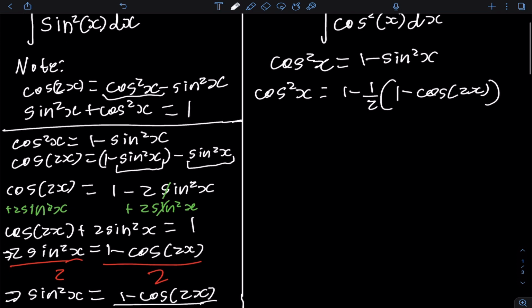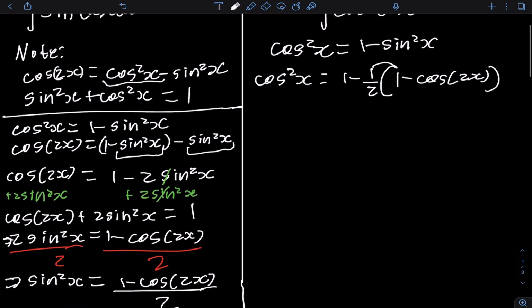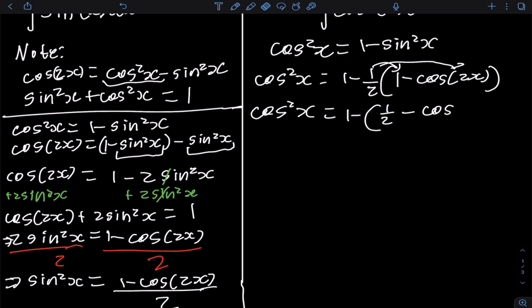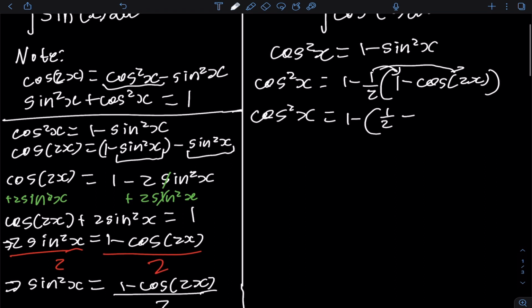So what we can see here is we can distribute this 1/2 to each term, and we see that cosine squared x is equal to 1 minus 1/2, because 1/2 times 1 is 1/2, minus 1/2 of cosine 2x. And what we can finally see here is that taking 1 minus all of that, 1 minus 1/2, is going to be 1/2.